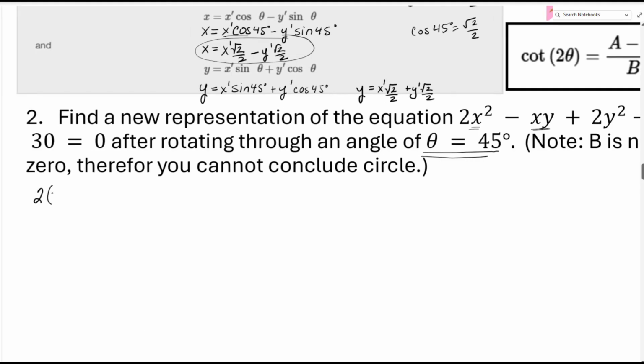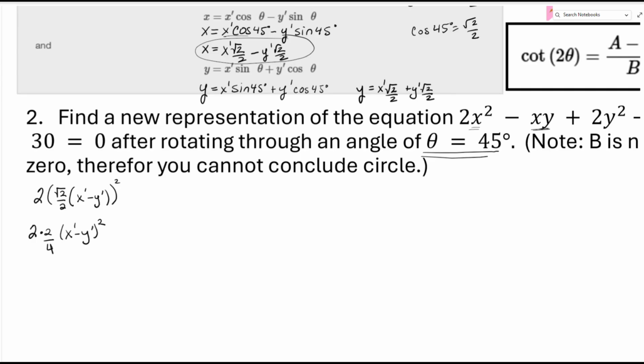Root 2 over 2 factors out of x prime minus y prime, but all of this is going to get squared. So I have a 2 in the front. If I square root 2 over 2, it's going to turn into a 2 over 4. And then x prime minus y prime, that is going to be squared still.